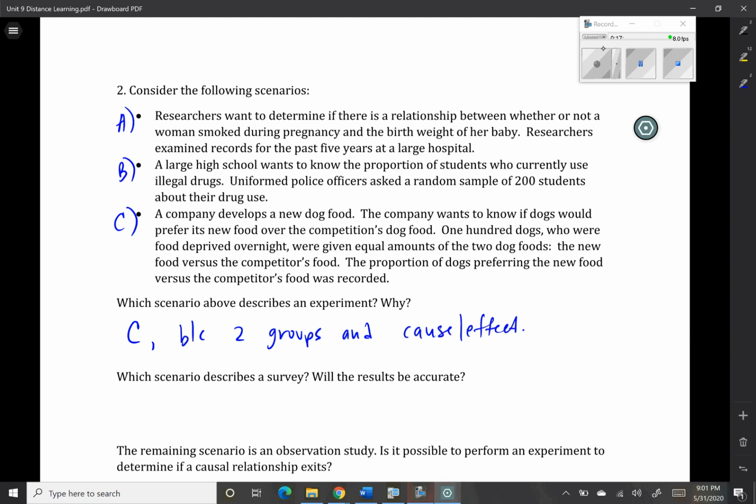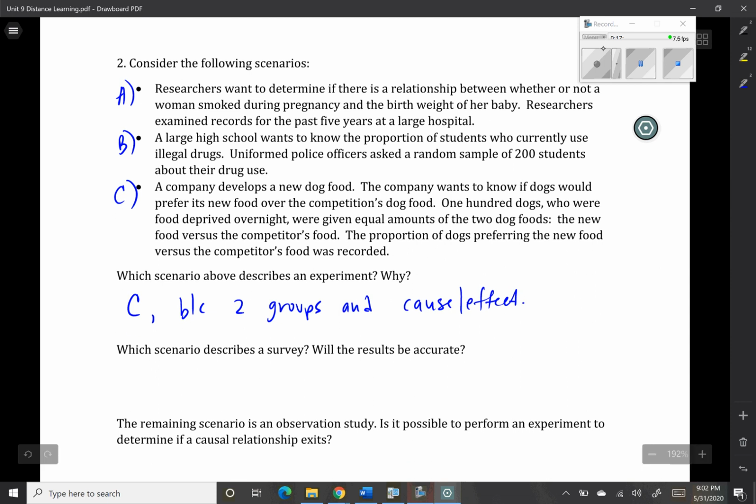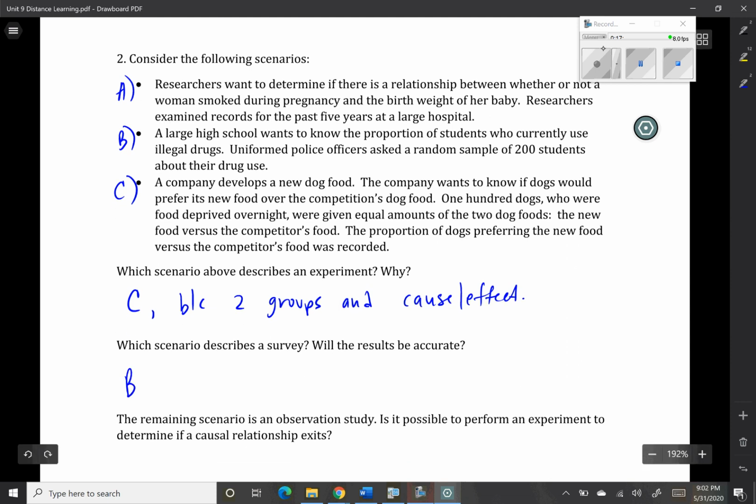We're giving two different types of food, and we're seeing which group of dogs ate more food after being food deprived overnight. So we're testing something. We have a cause and effect. We're experimenting with something. Was one dog food eaten more than the other dog food? That's an experiment.